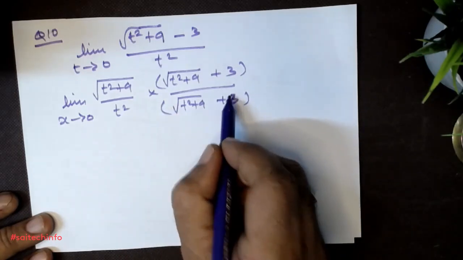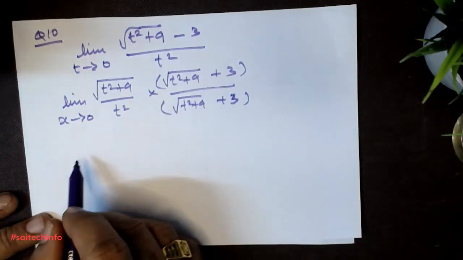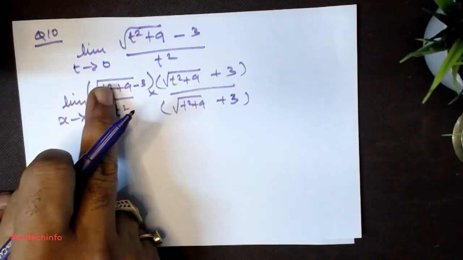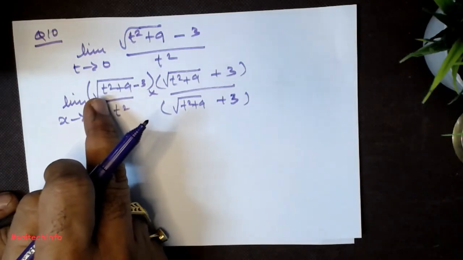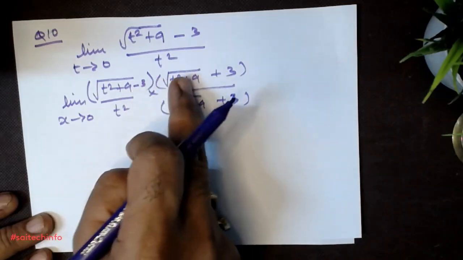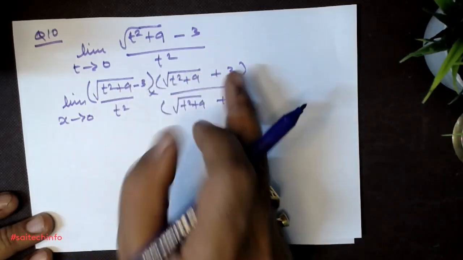Here a is root of t squared plus 9, b is 3. So a minus b into a plus b, a squared minus b squared.